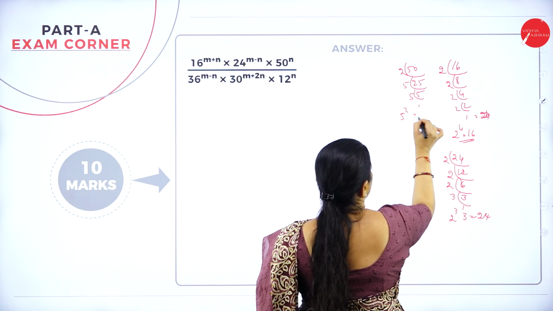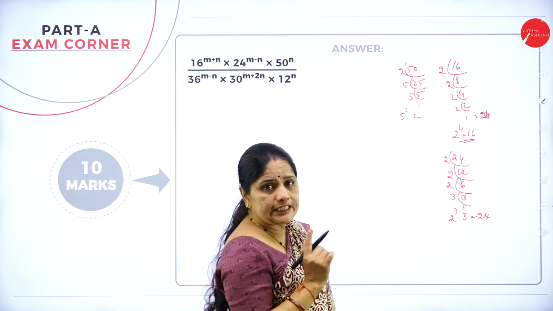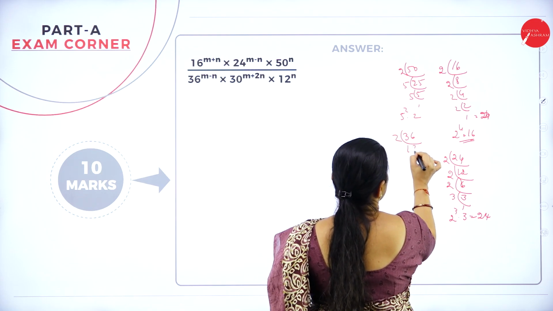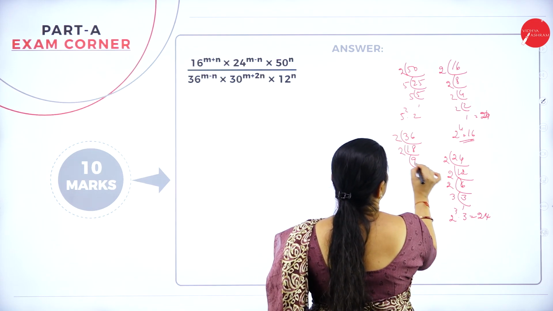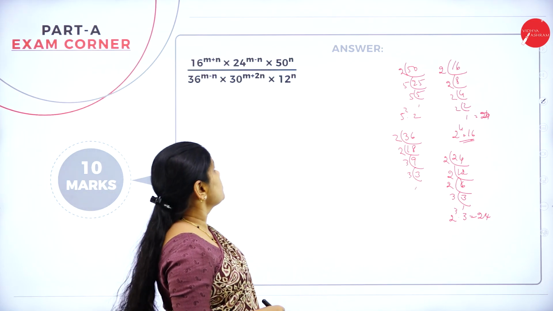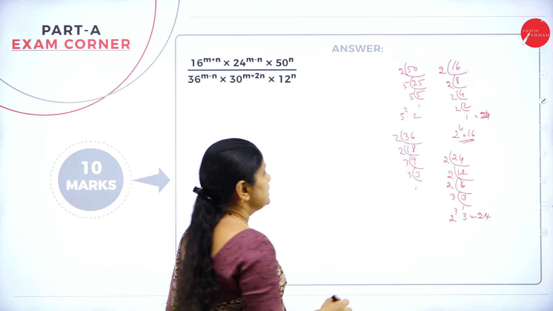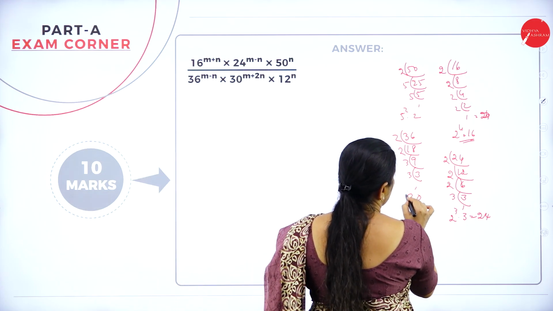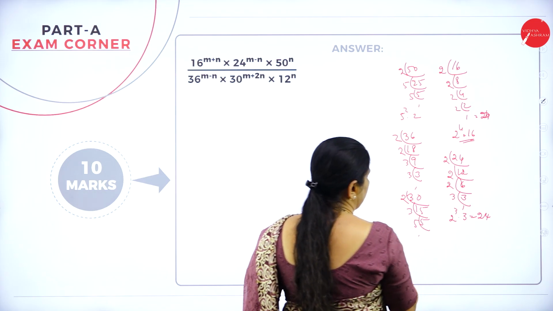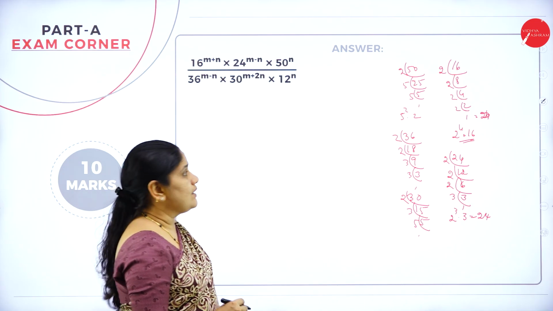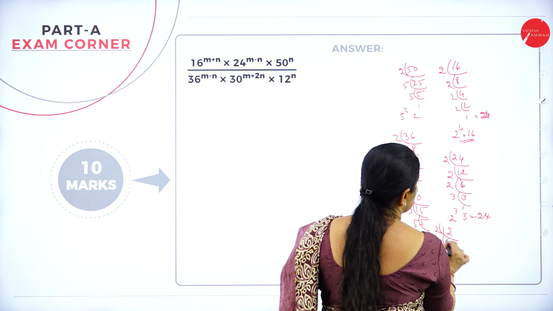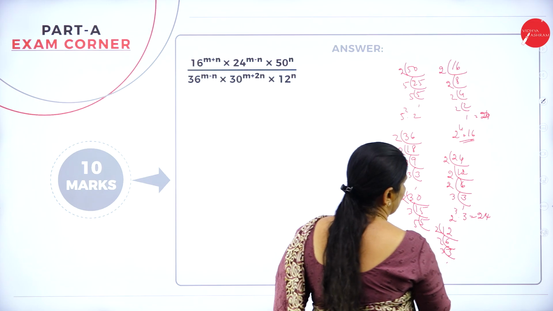So 5 square into 2. Then again 36. So 36 also can be written as 2 18s are, 2 9s are, 3 3s are, 3 1s are. 2 square into 3 square. Then 30. 30 can be written as 2 15s are, 3 5s are, 5 1s are. Then 12. So 12 can be written as 2 6s are, 2 3s are, 3 1s are.